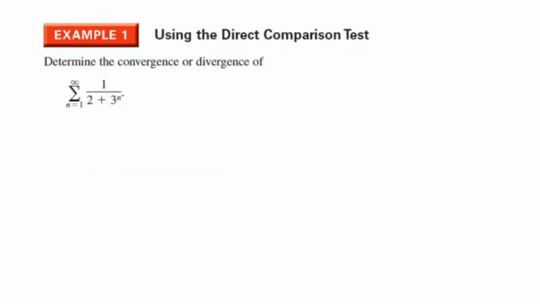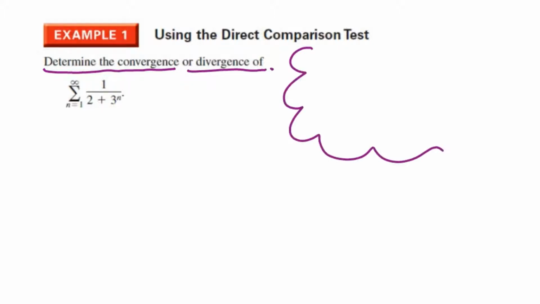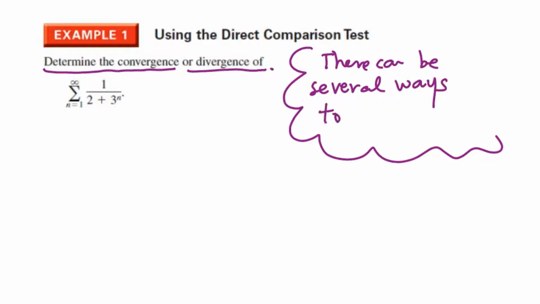Example number 1 says determine whether the series converges or diverges, and you have the sum of 1 over 2 plus 3 to the nth power. One thing you should know is there can be several ways to solve a problem in this chapter.